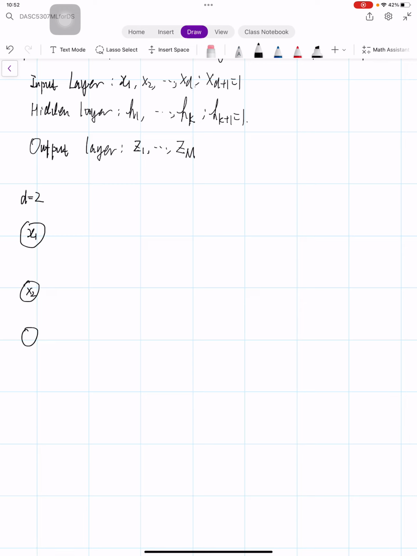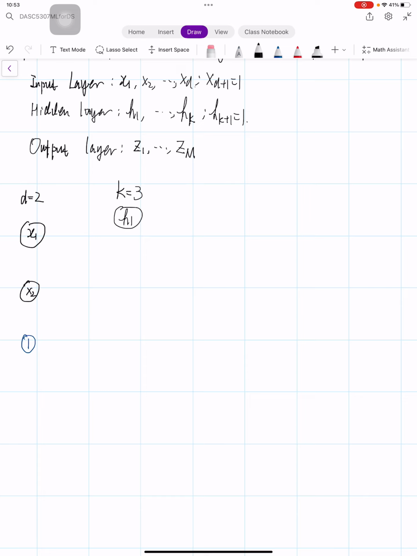And we have the constant term, which is not really a feature. Suppose now we only have one hidden layer, with capital K equal to 3 hidden nodes.